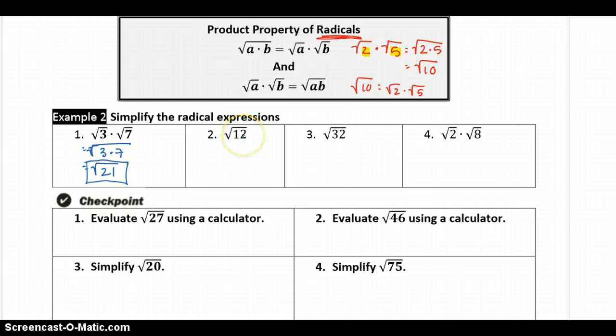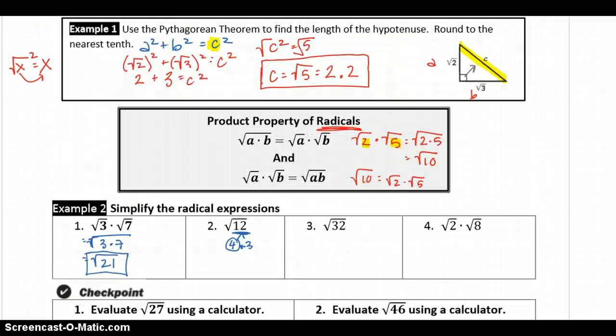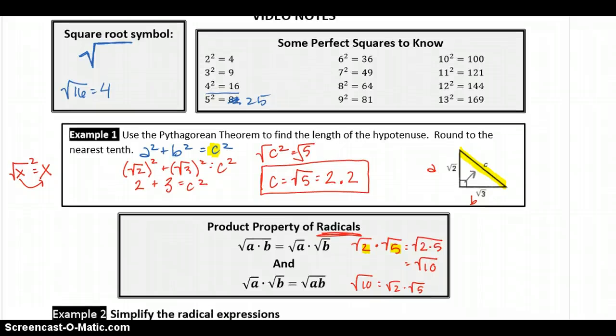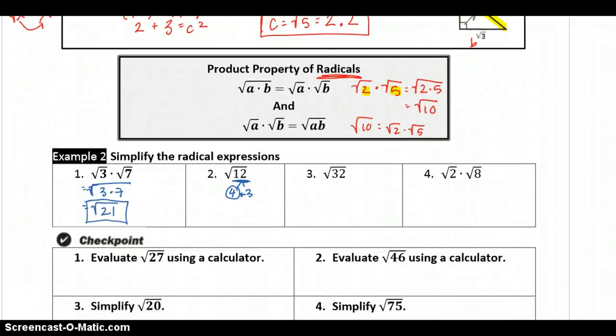Right? In example 2, we only have one square root, and it asks us to simplify. However, in order to fully simplify, if there are any squares that can go into this number inside the square root, we need to pull them out. So if you look at 12, we can factor 12 into 4 times 3. And 4, if you look up at your chart at the top, is one of our perfect squares. 4 is equal to 2 squared.